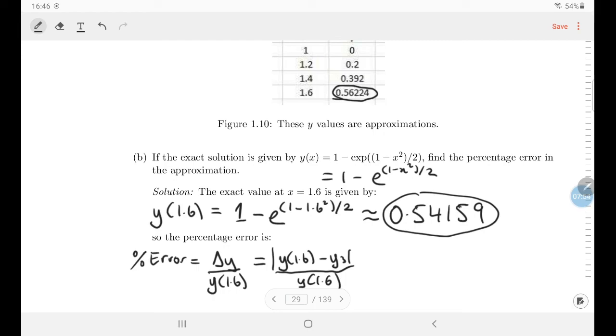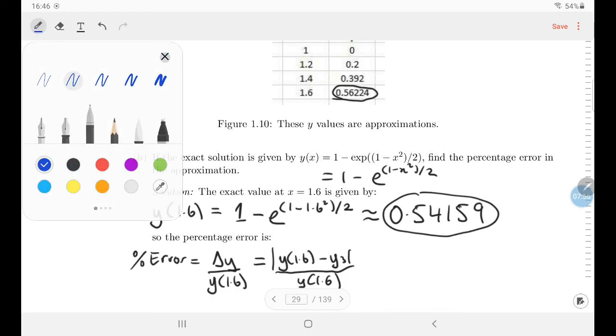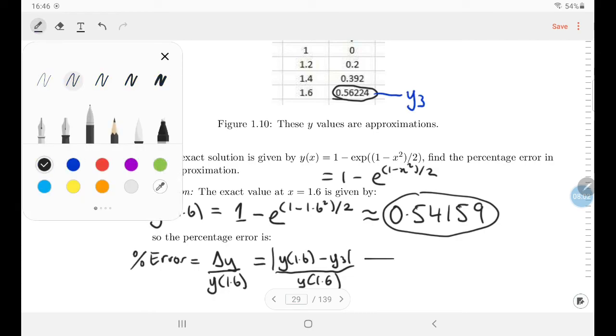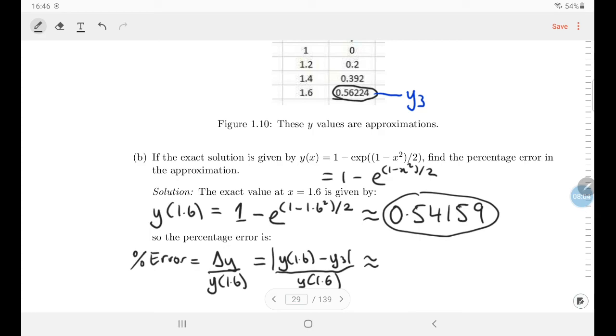Now I'm just going to write up here, because I don't like writing out decimals, this is your y3, approximately 0.56.